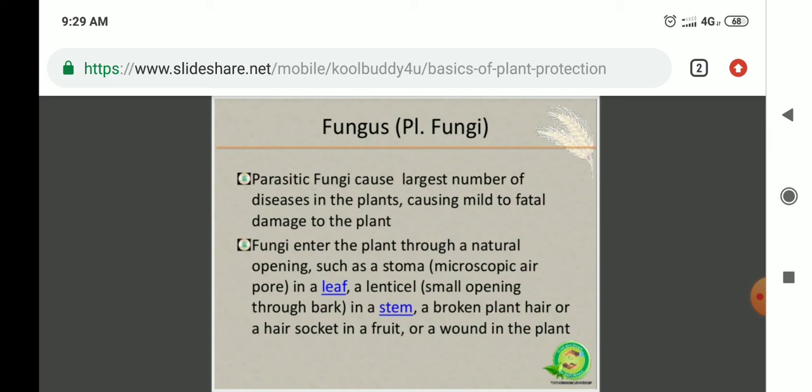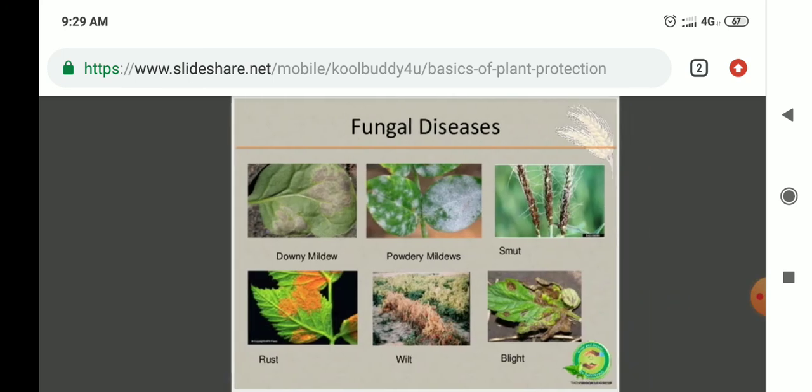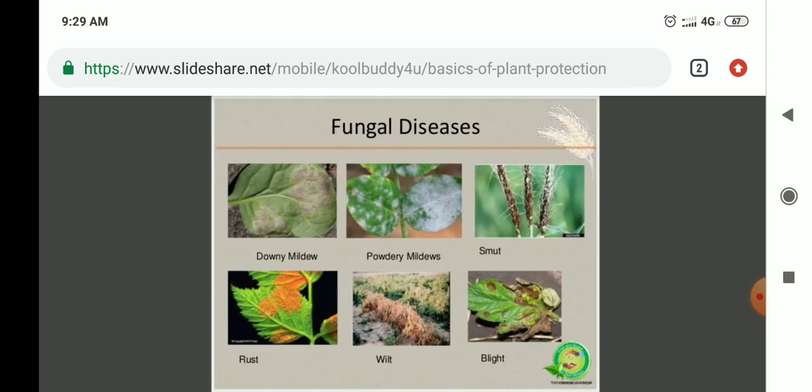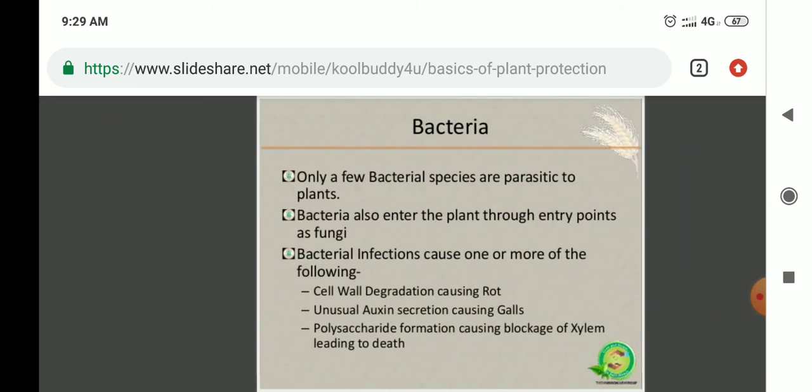Fungi enter the plant through a natural opening such as the stoma, a microscopic air pore in a leaf; the lenticel, a small opening through the bark in a stem; a broken plant hair or a hair socket; or in a fruit, or through a wound in the plant. These are the fungal diseases: downy mildew, powdery mildew, smut, rust, wilts, blight.